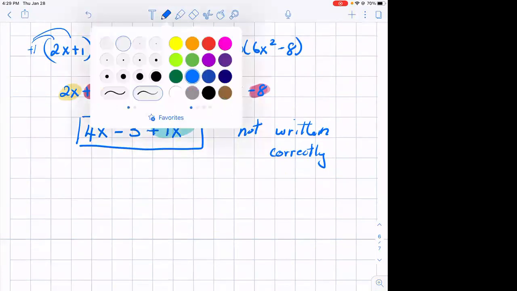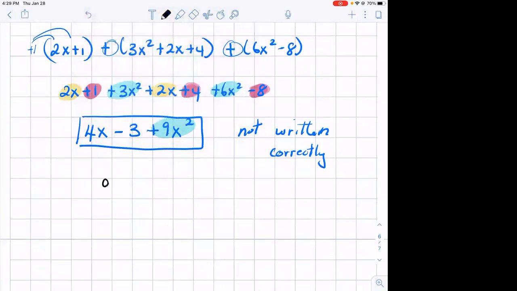So the correct way of writing this will be positive 9x squared, right? Take the sign with it. Then the x term should be next. So this term here should be next. And don't forget, there's a plus sign there, so it becomes plus 4x.